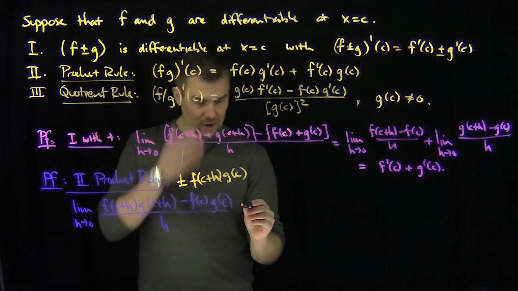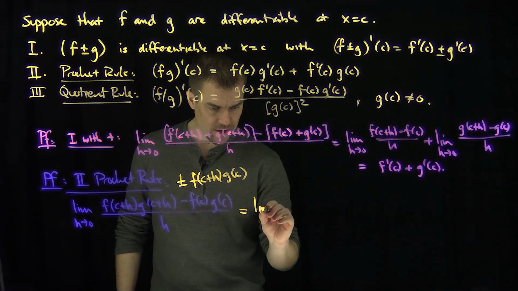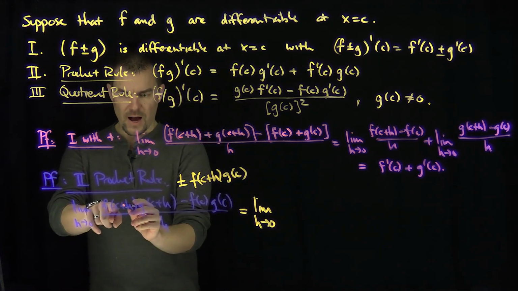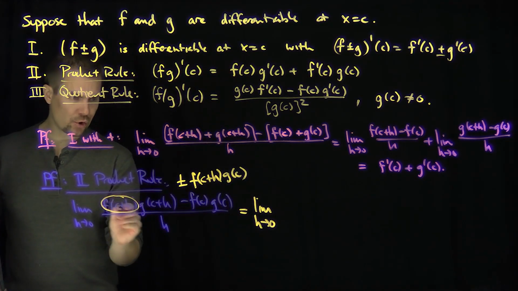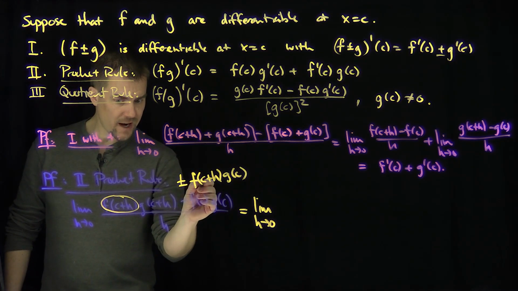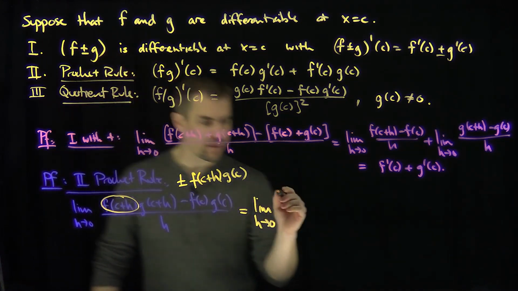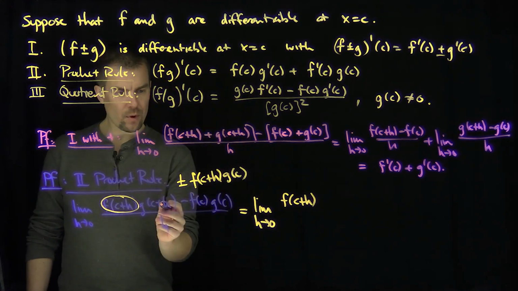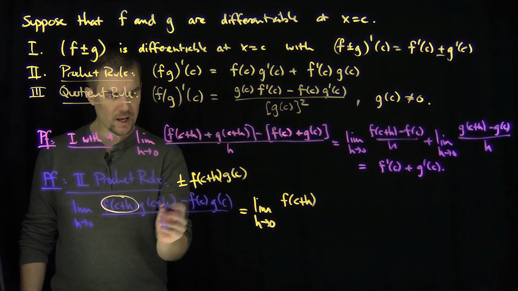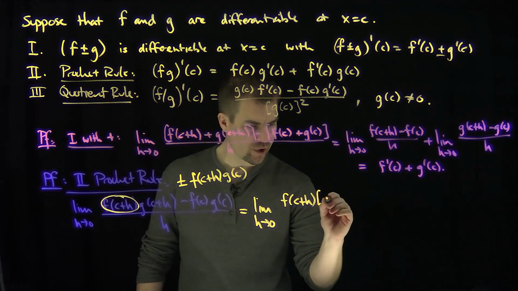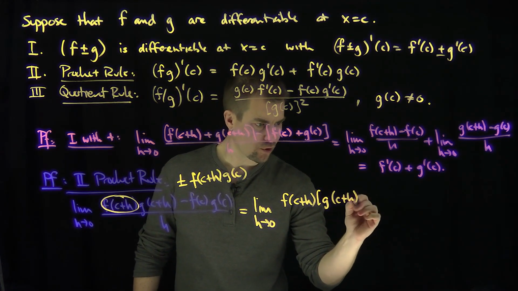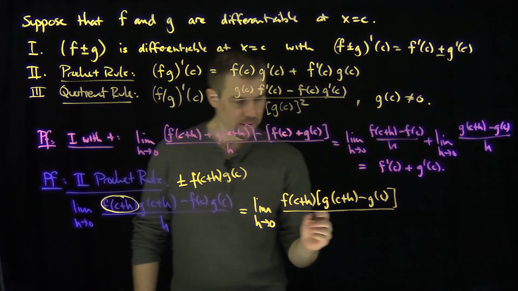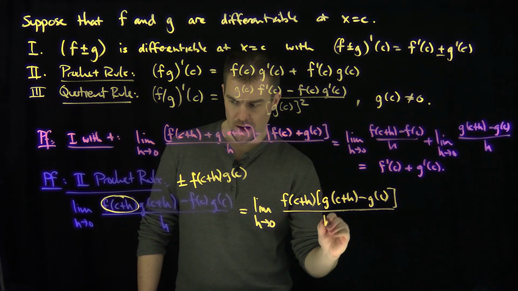Now I'm going to break this into two limits. This is the limit as h goes to 0 of, I have an f of c plus h, so I'm going to factor out an f of c plus h, and then I'll have g of c plus h minus g of c, all divided by h.